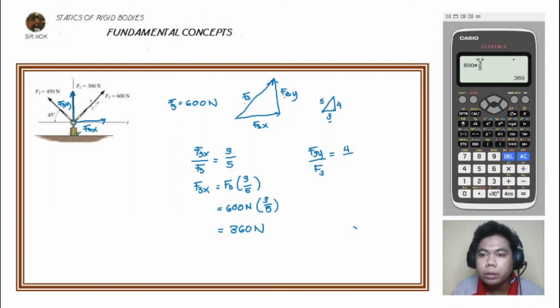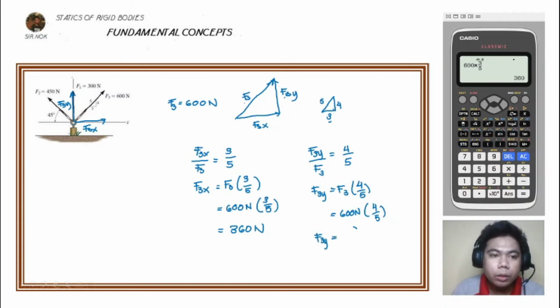over F3, then F3 corresponds to 5, so over 5, so cross multiply, so F3y is equal to F3 times 4 over 5, so F3 is 600 newtons times 4 over 5, so that is 480 newtons, no?